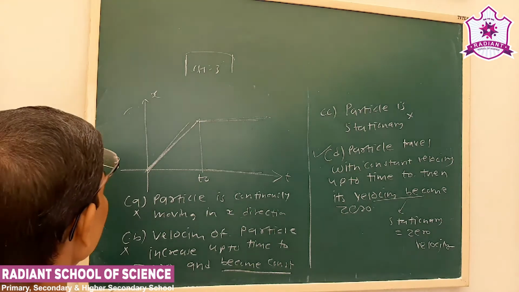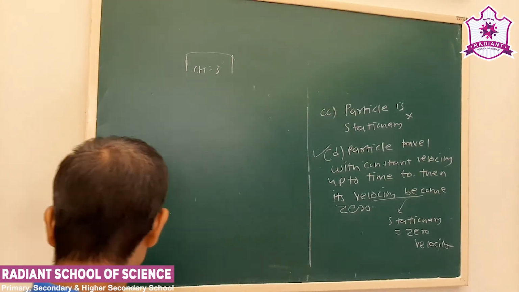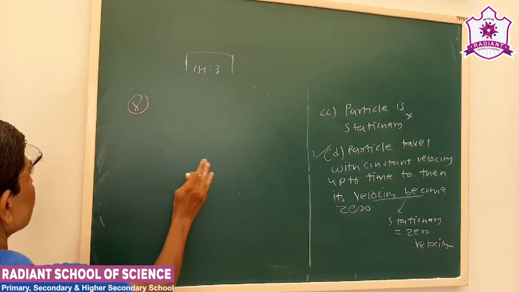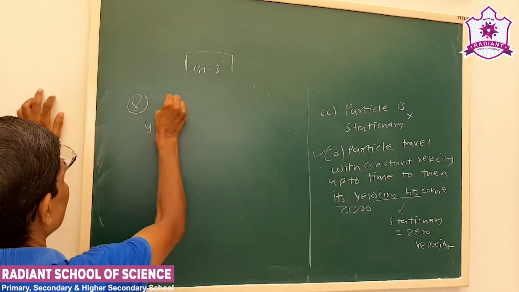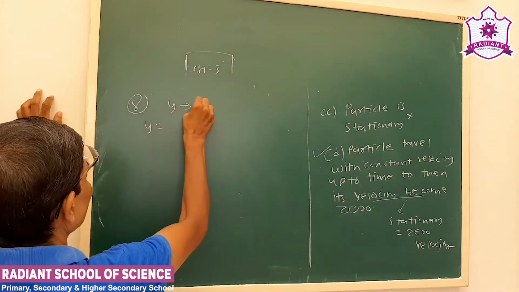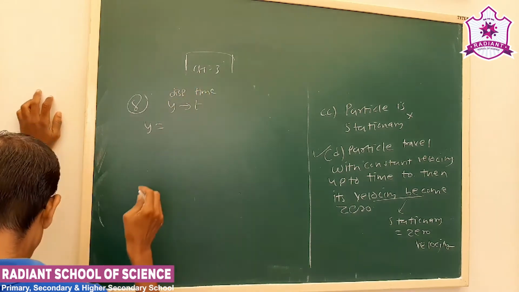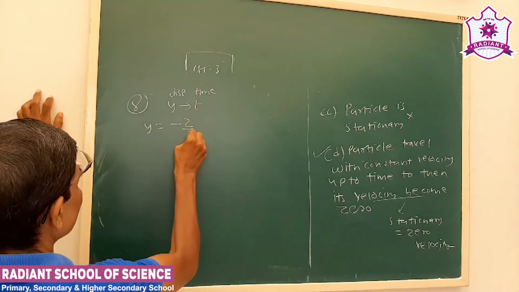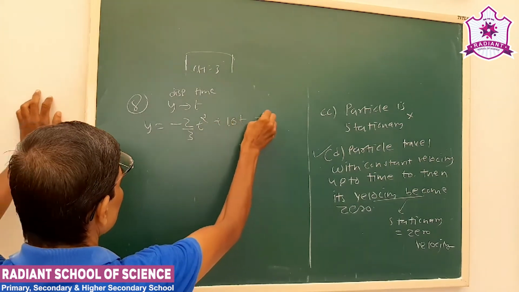Now see our next MCQ. The displacement-time relation: y is displacement and t is the time. The relation is minus 2 by t square plus 16 plus 2.